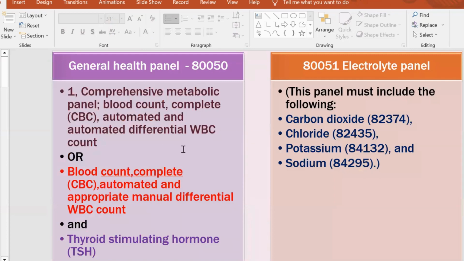Now next, the general health panel. The general health panel consists of a comprehensive metabolic panel, a complete blood count, CBC, automated with automated or manual differential WBC count, as well as TSH, thyroid stimulating hormone. 80,051 is the electrolyte panel including carbon dioxide, chloride, potassium, and sodium.